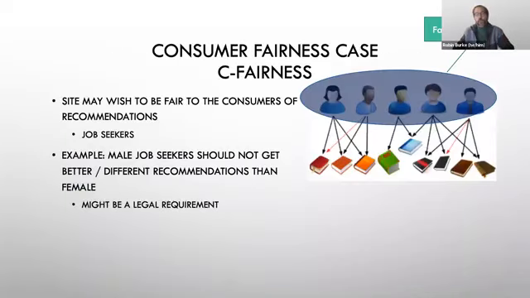So we think about this in a couple of different ways. We can identify consumer fairness, so C fairness, where what matters is, are we fair to the individuals who are getting the recommendations? Job seekers, for example, male job seekers should not get better recommendations than female. And as we saw in the Facebook case, there may actually be a legal requirement to do that.